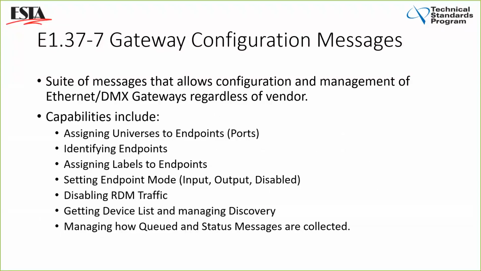There's a method for identifying endpoints, so I can tell which jack it is on the back of the gateway. I can have it flash an LED or do a specific action, so I can tell which one I'm plugged into. I can assign labels to the endpoint, so I can put a label of, this is going to the first electric or the second electric. Again, useful functional labels for the user.